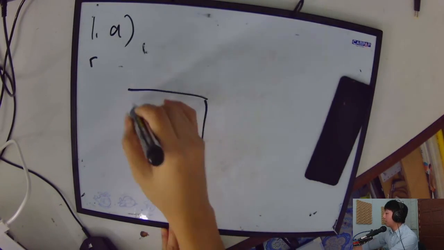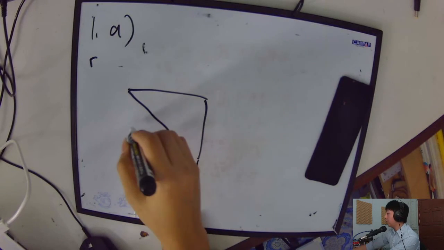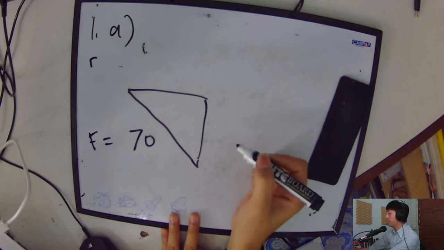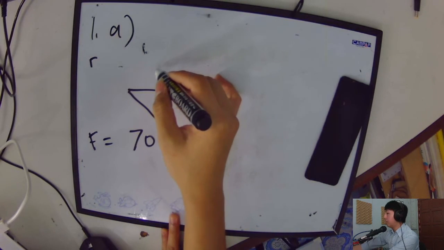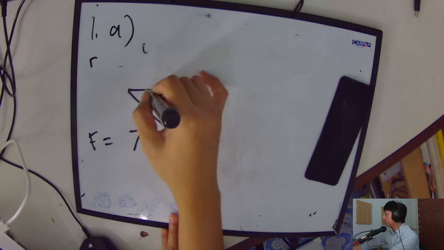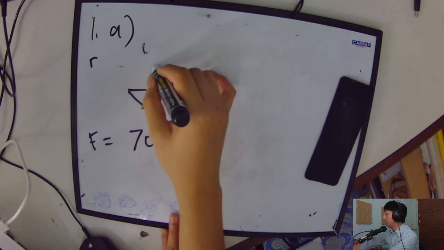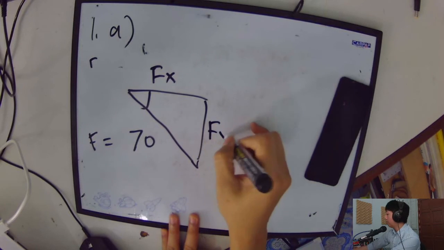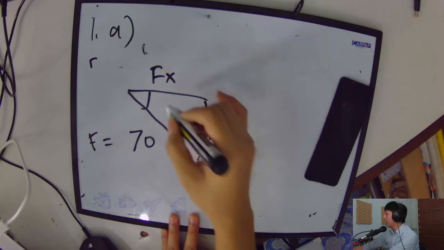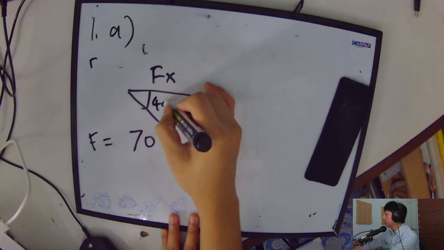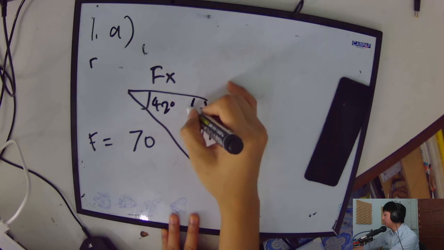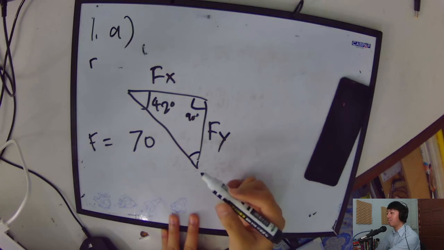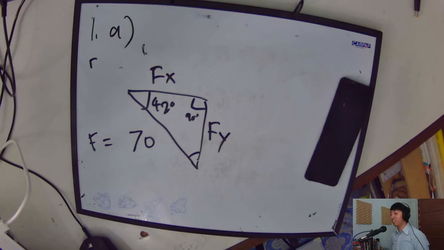So you have a sort of triangle like this, where this is 70, F, and then you have your Fx and Fy. And you have your angle here, which is 42. Here is 90. And here is whatever is left is that angle.